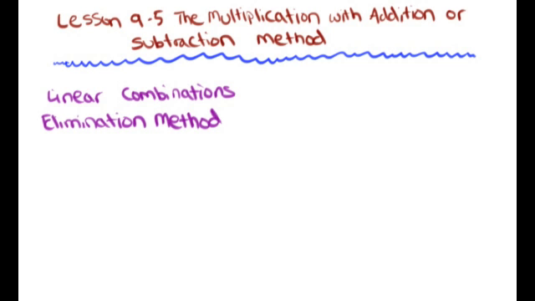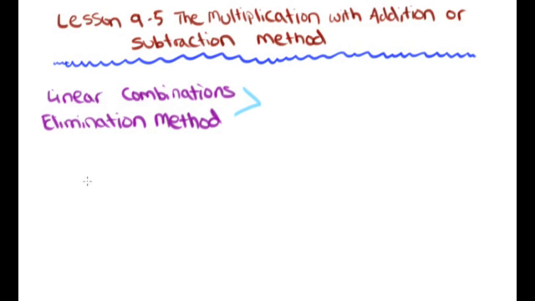My book just calls it the multiplication with addition and subtraction method, but you'll probably more commonly hear it as linear combinations or elimination method. So what is this method? Well, this method is not very different from the addition and subtraction method, but it enables us to solve equations that we would not be normally able to solve with the addition and subtraction method.